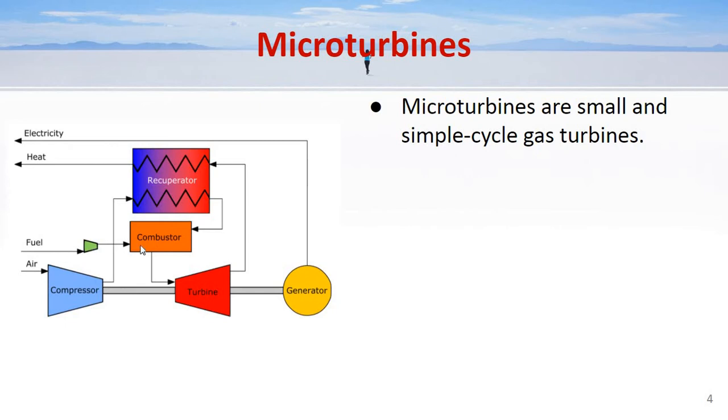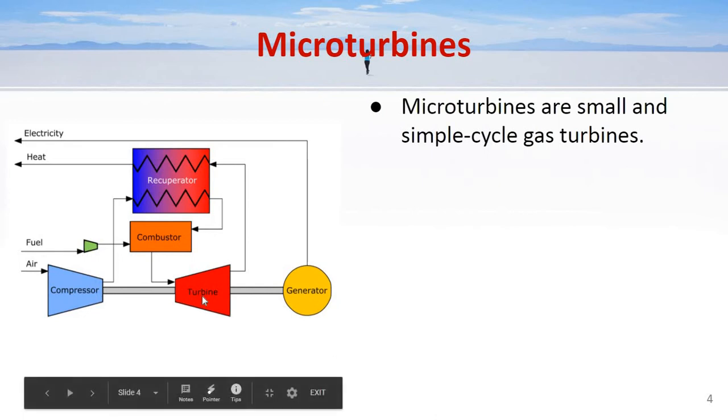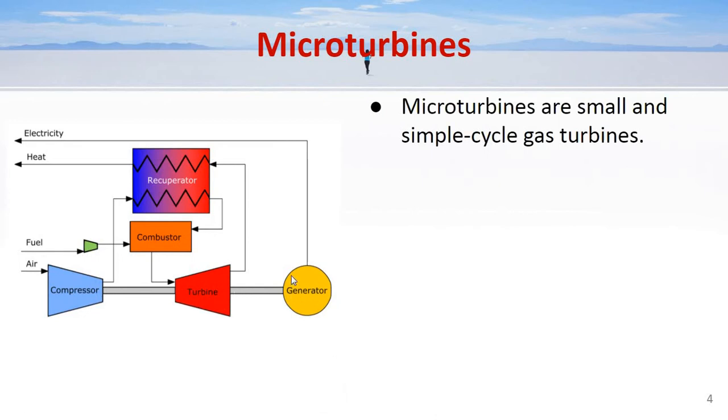The fuel also reaches the combustion chamber, and here combustion takes place. Then either steam or the hot gas enters the turbine, and the turbine is rotated, which is coupled to a generator, and the generator produces electricity.